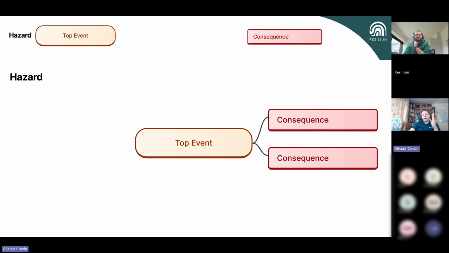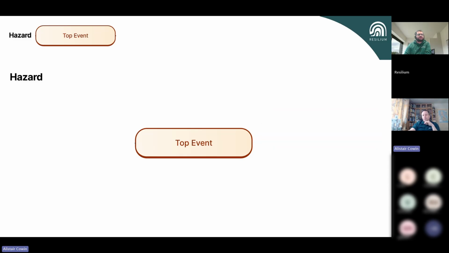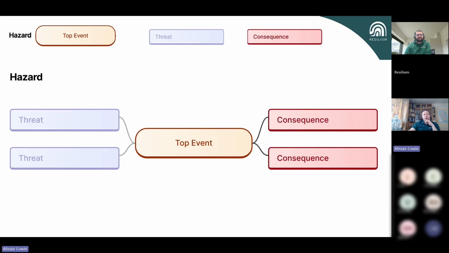So once I've identified the top of the hazard and the top event, I need to identify my consequences, the things that are negative outcomes that are caused by that thing if we don't do something, that loss of control. So really important part of our understanding, but I want to focus on the other side. Oops, wrong way. And talk actually about the causal events of that loss of control.